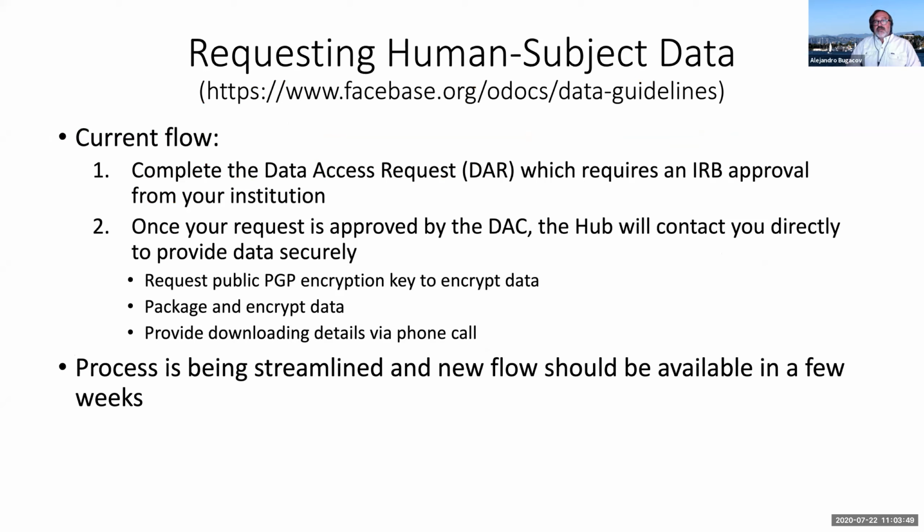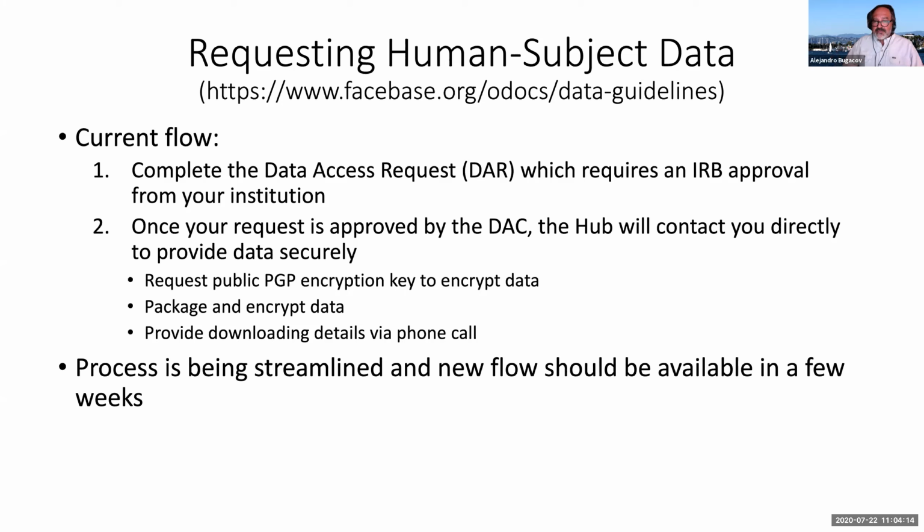As for requesting human subject data, probably not the focus of this meeting, but basically the same thing applies. Since we don't have all this data available for download on the site, you will have to go through a process, which is what we call the data access request, which involves submitting your IRB documents from your institution.